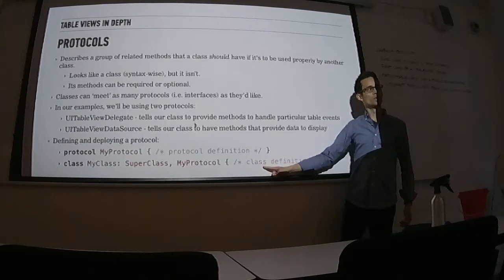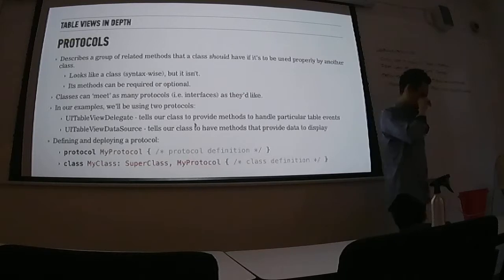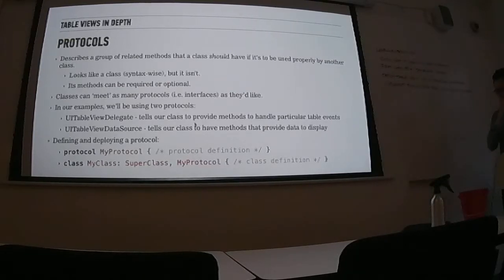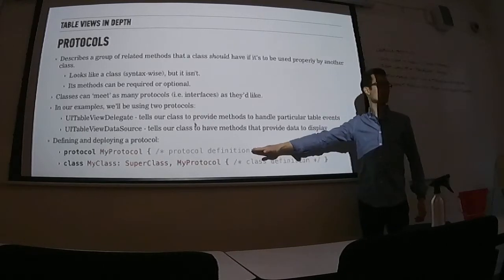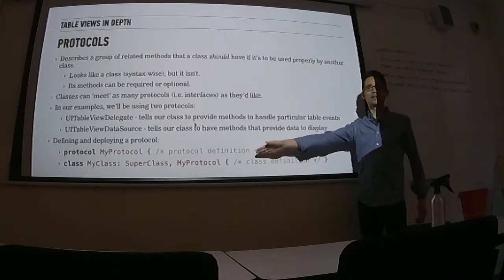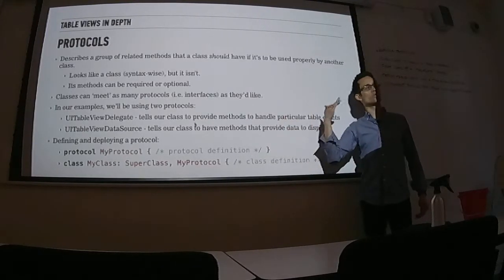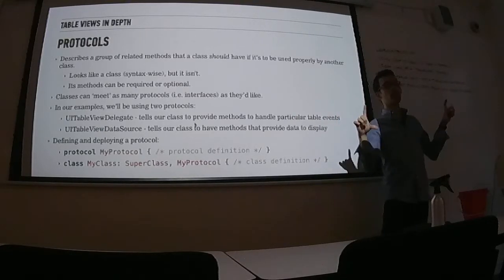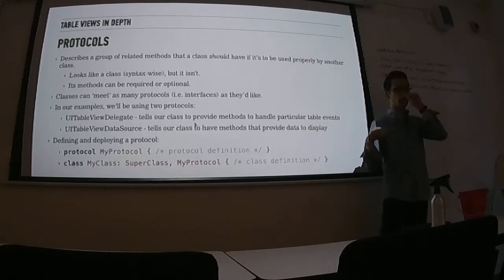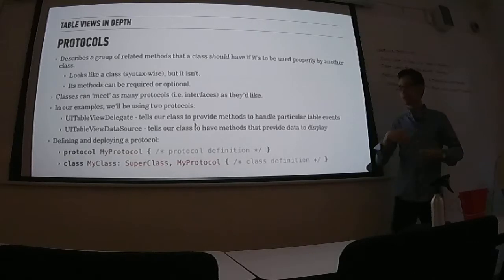I should override them here. What's the syntax inside the braces? It looks exactly the same as a class. So I'm going to write func and the type signature, but I'm not going to put anything in the body, typically, unless it provides default values.